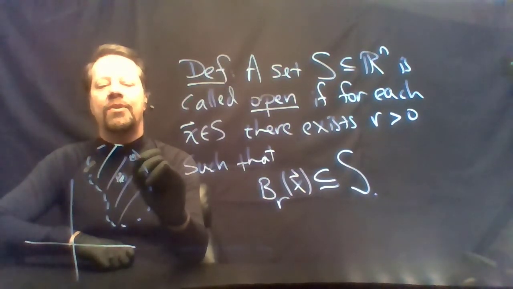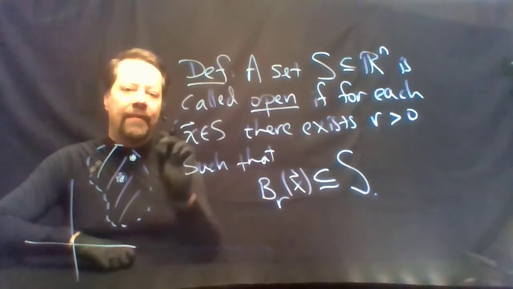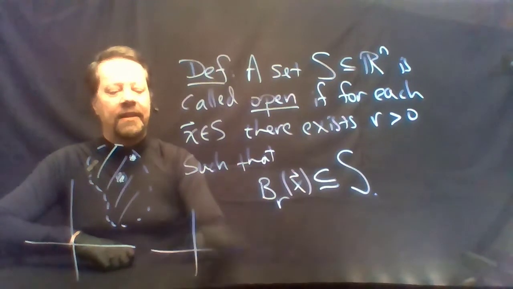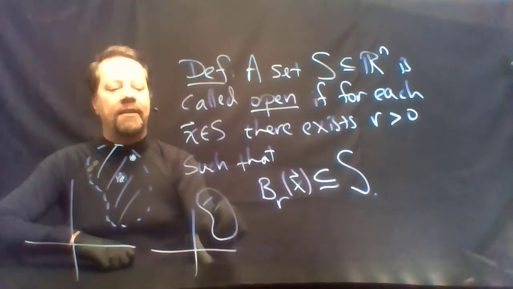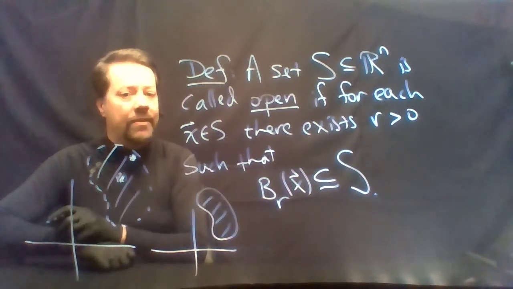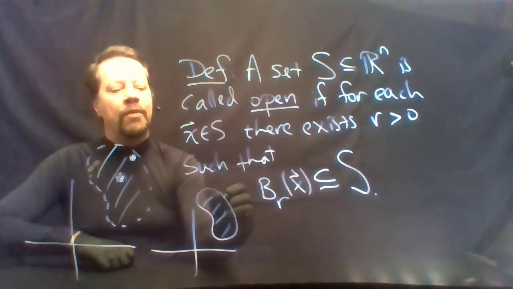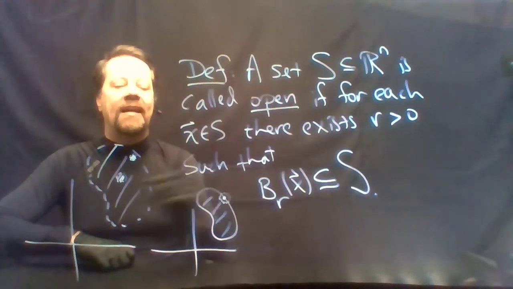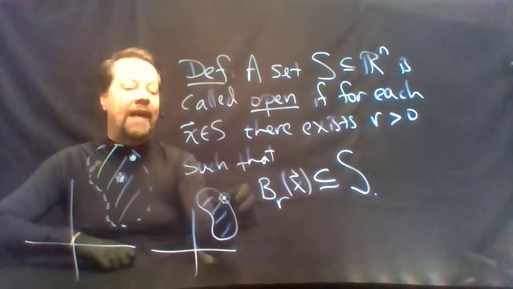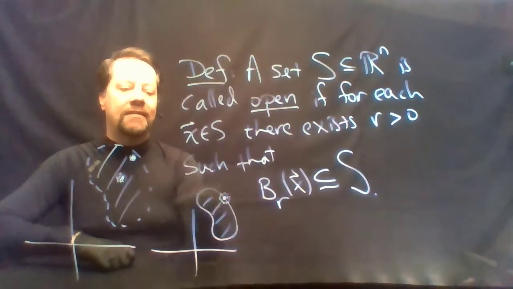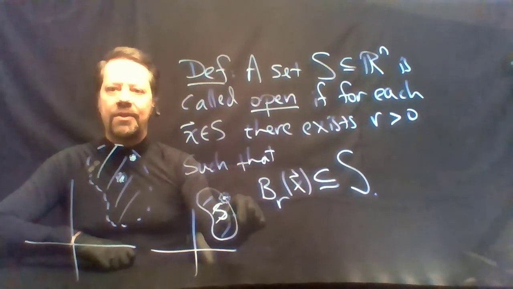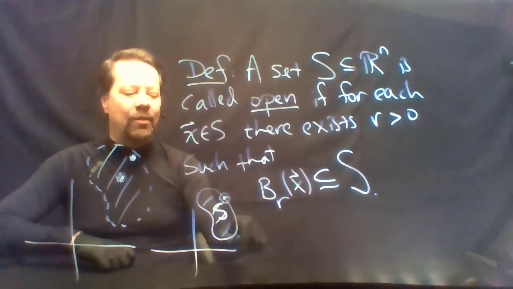You can always just choose the radius to be so small that that little ball will lie entirely within the set. If, on the other hand, I take a generic kidney-shaped lamina that includes the boundary curve, no matter what point I choose on that boundary, and no matter how small I make that radius, that ball will have points that are outside of the set S. So this set that includes the boundary curve is not open.